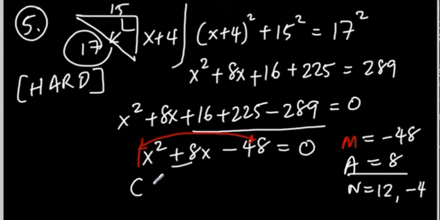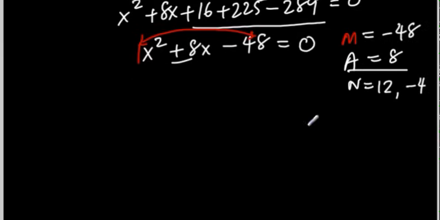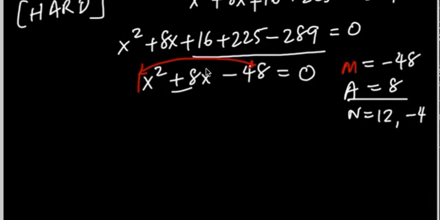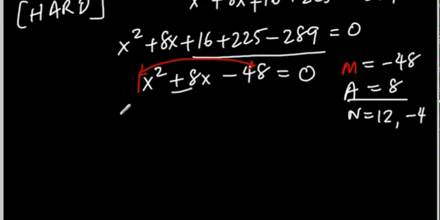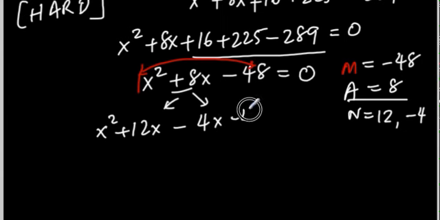So this ends up being, remember, the middle one splits, so it's x squared plus 12x minus 4x minus 48 equals 0.